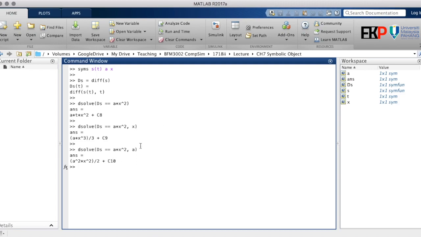So please remember that if we do not include any variable within the dsolve command, MATLAB will automatically solve the differential equation with respect to t, because it assumes that the independent variable is t. If we want to calculate with respect to any variable other than t, we have to define it in the dsolve command.